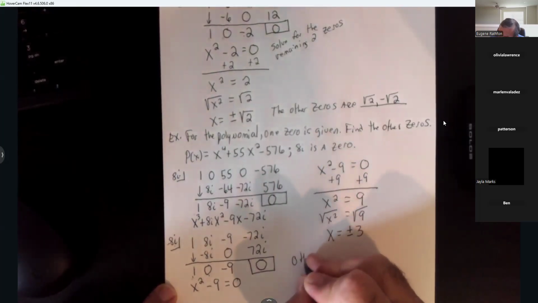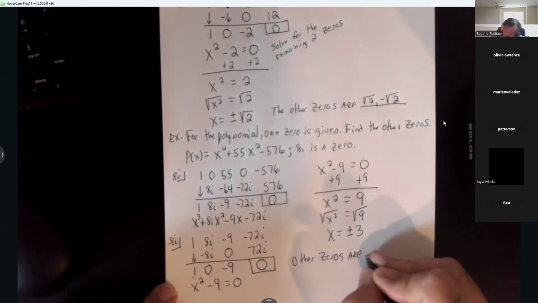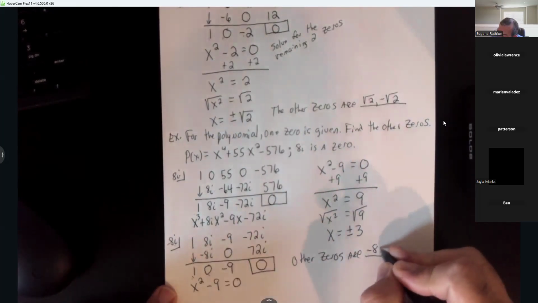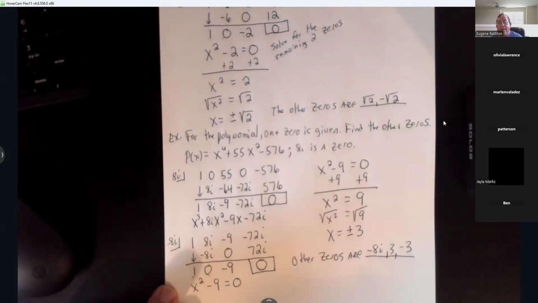So the other zeros are going to be that negative 8i, and then a 3 and a negative 3.